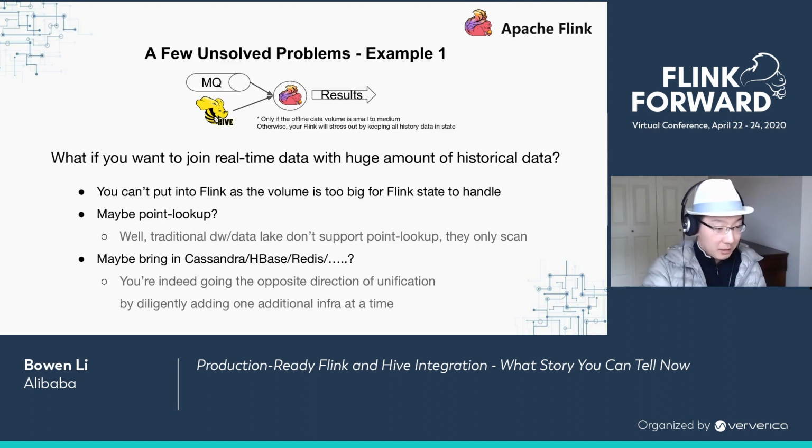But traditional data warehouses and data lakes don't really support point lookup, right? They only do scan. They are for OLAP. And you would say, hey, what about bringing in some other infrastructure like Cassandra, HBase, Redis, or whatever other key value store or cache layer to this job?